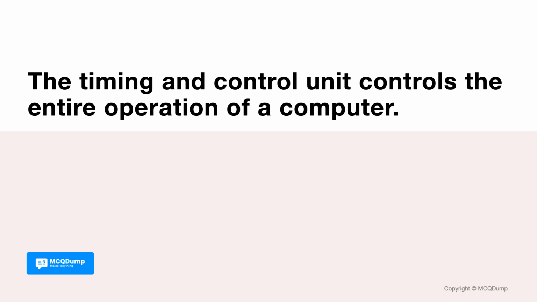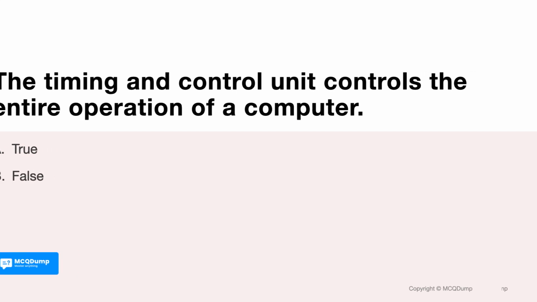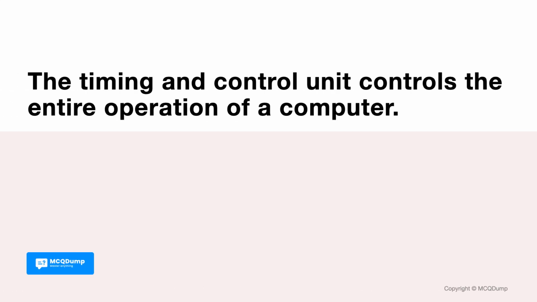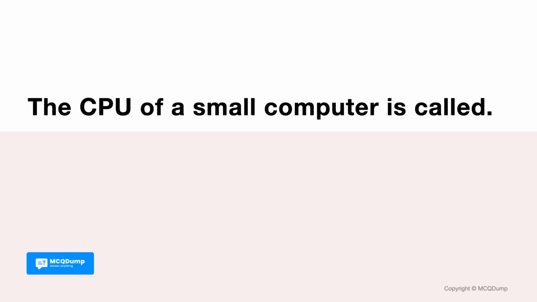The timing and control unit controls the entire operation of a computer. True or false? It's true. The timing and control unit controls the entire operation of a computer. The CPU of a small computer is called.